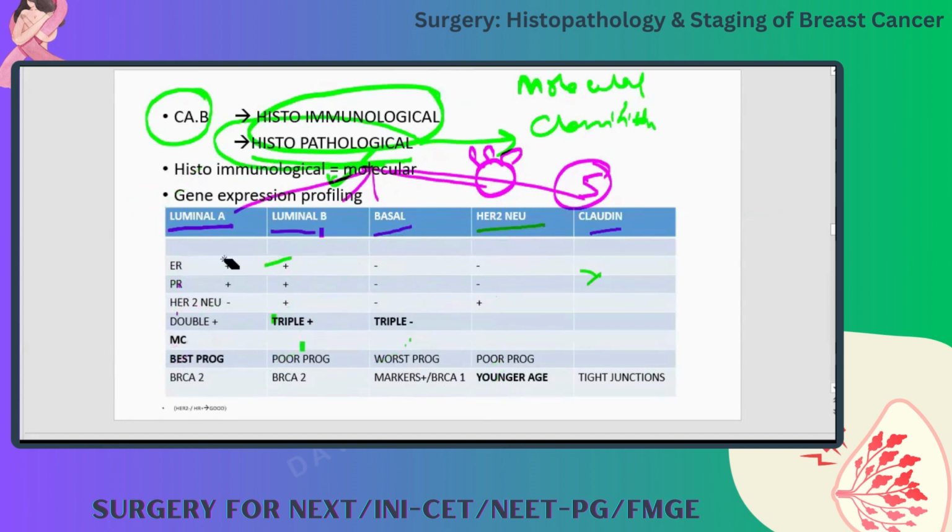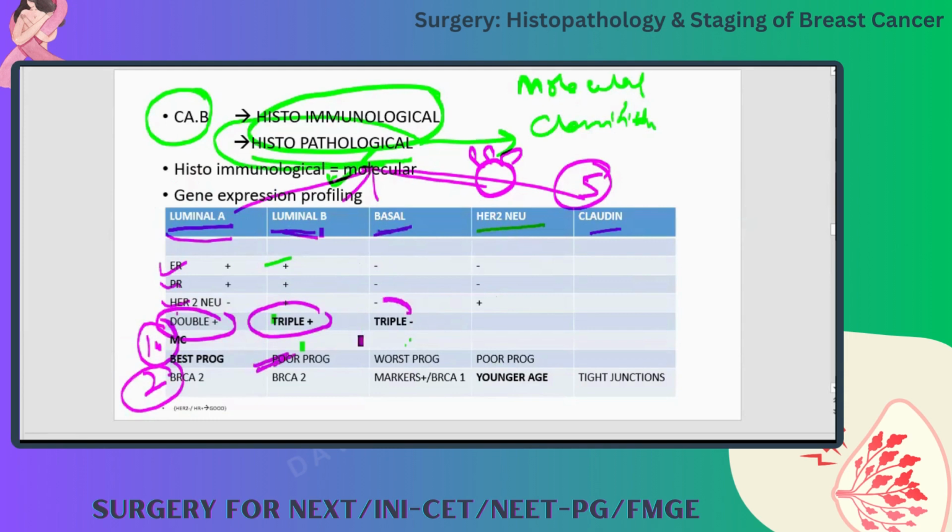There is nothing much to discuss here, but luminal A is double positive: ER positive, PR positive, HER2/neu negative. The 2 points regarding that: it is the most common type of breast cancer and it has the best prognosis. Luminal B is triple positive. It has poor prognosis.